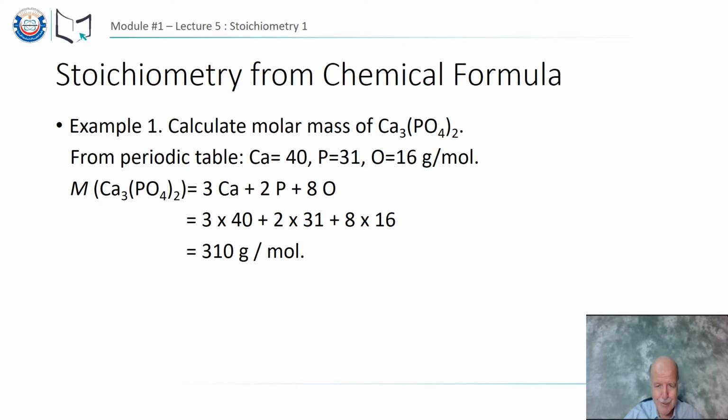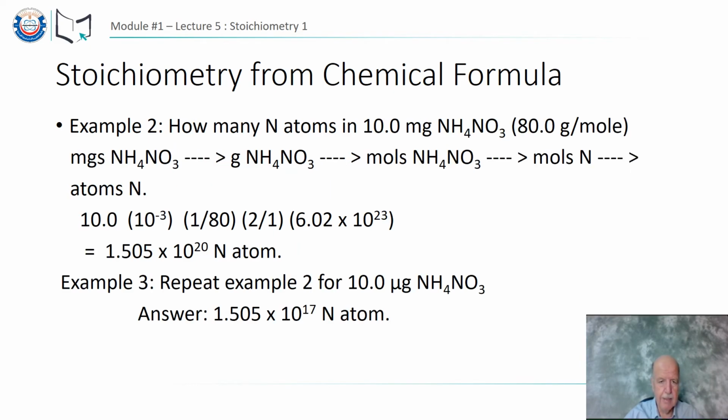No, not 4 oxygen. 8 oxygen. Okay. 3 calcium, 2 phosphorus, 8 O. Go to the periodic table. Calcium 40, phosphorus 31, oxygen 16. So the molar mass of calcium phosphate, how much? 310 grams per mole.